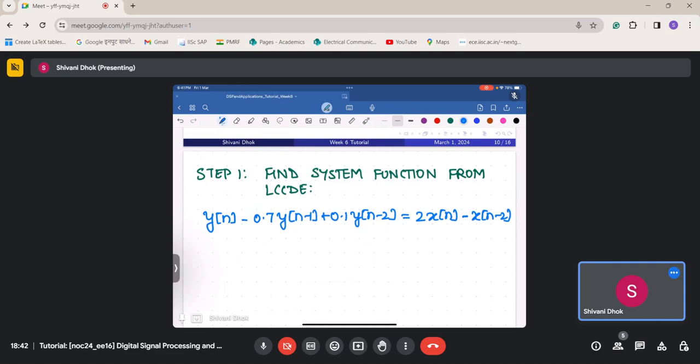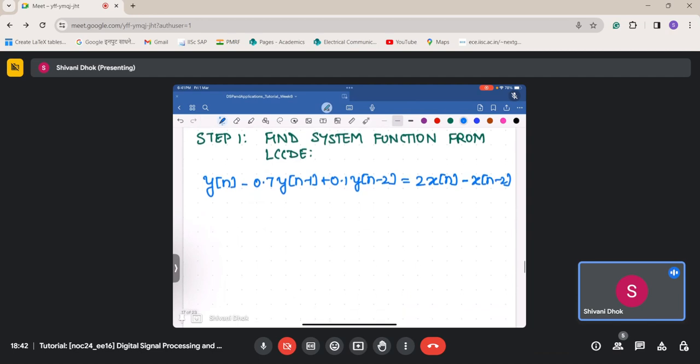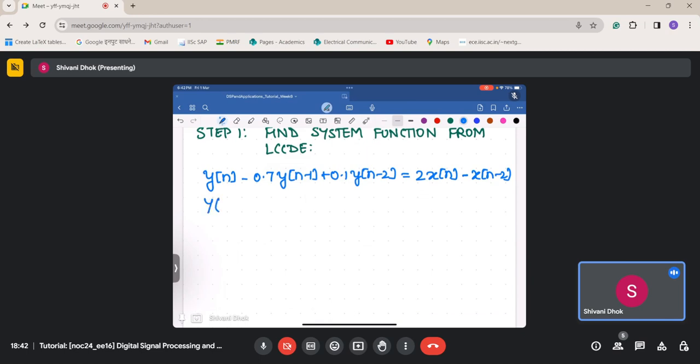So if I take the z transform, then this will be y of z minus 0.7 z inverse y of z plus 0.1 into z to the power minus 2 into y of z, which is equal to 2 times x of z minus z to the power minus 2 x of z. Now we'll take y of z common.